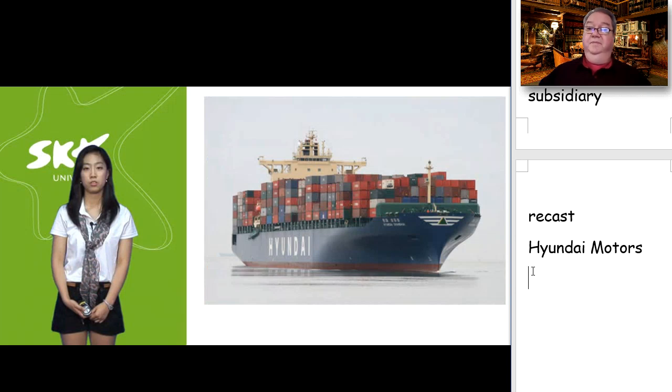Not Hyundai Motors. That's a different company. Ships are built by Hyundai Heavy Industries. Okay? Very different company. Separate company. Not the same. So be very careful in your presentations that you don't give false or inaccurate information.